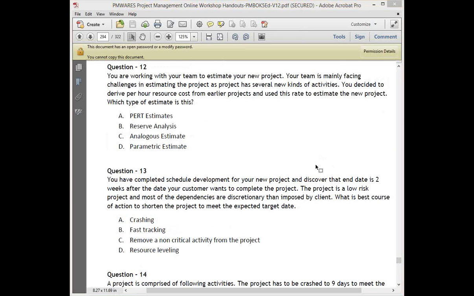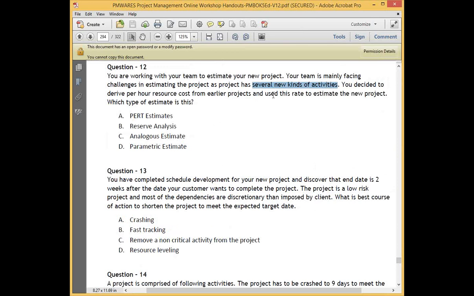You are working with your team to estimate your new project. Your team is mainly facing challenges in estimating the project, as the project has several new kinds of activity. Analogous is out of question.